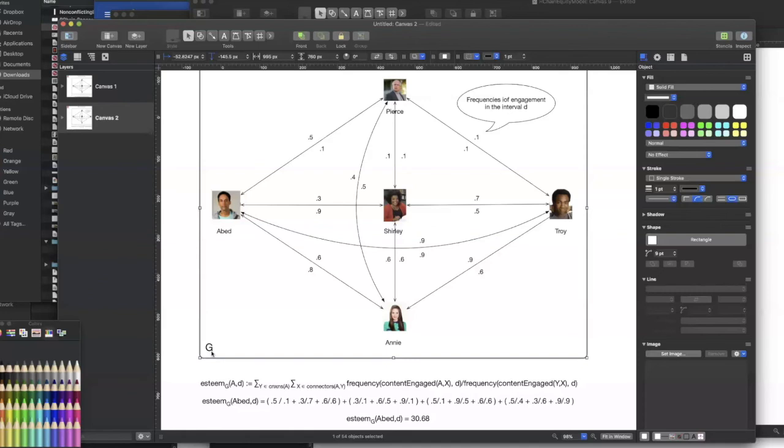So that last component in the 4 is Abed's relative esteem over Annie? That's right. And then likewise, you have the other components speaking to his relative esteem relative to somebody else. Yeah, okay. That's exactly right. So this means we can calculate.